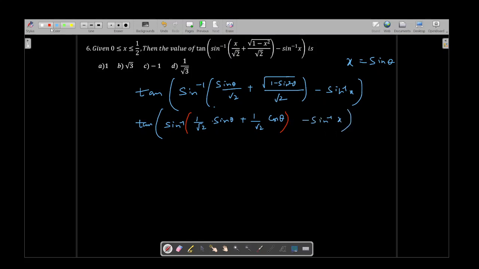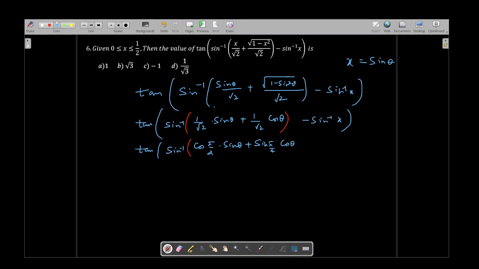So this, I can use the formula now again. So this is tan of sine inverse of, in this place I'll write cos pi by 4, and this is sine theta, and here I write sine pi by 4, because we know that sine pi by 4 and cos pi by 4 is 1 by root 2.